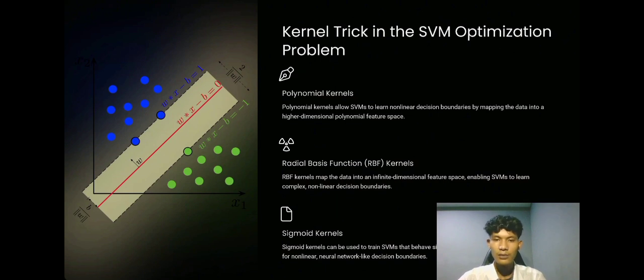RBF kernels map the data into an infinite dimensional feature space, enabling SVMs to learn complex nonlinear decision boundaries. Sigmoid kernel. The sigmoid kernel can be used to train SVMs that behave similarly to a multilayer perceptron, allowing for nonlinear, neural network-like decision boundaries.